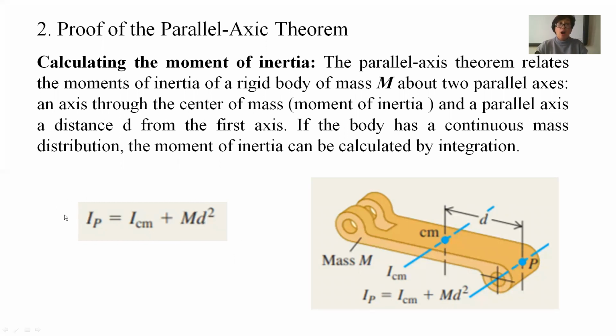This is the proof of the parallel axis theorem: one term is the moment of inertia of the center of mass, and this is m d squared, the moment of inertia about one end of the rigid body.